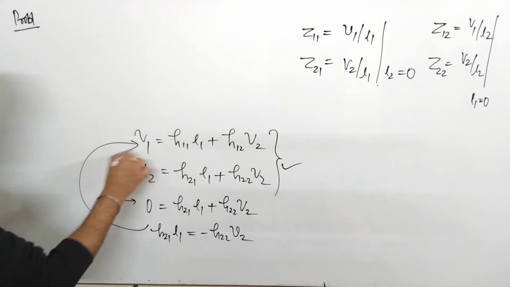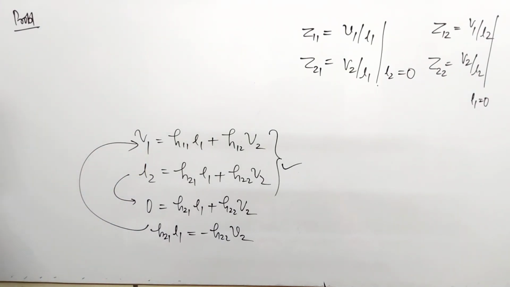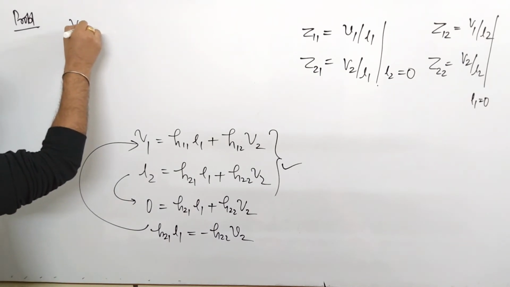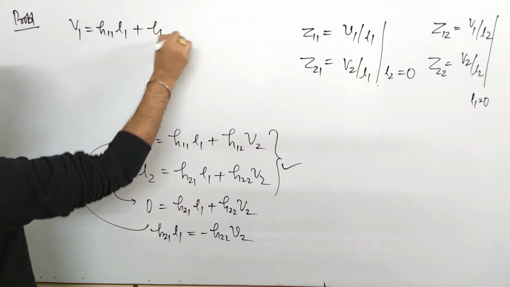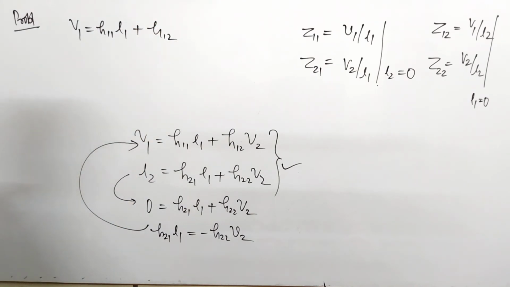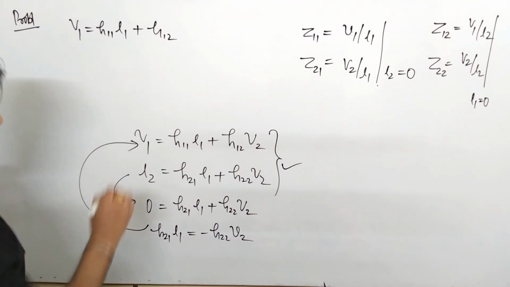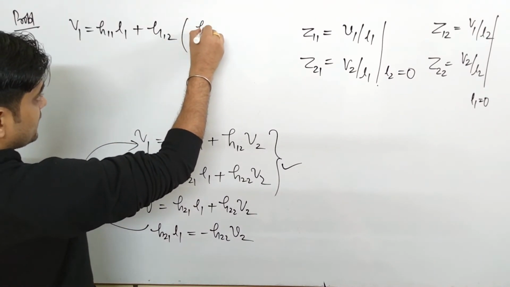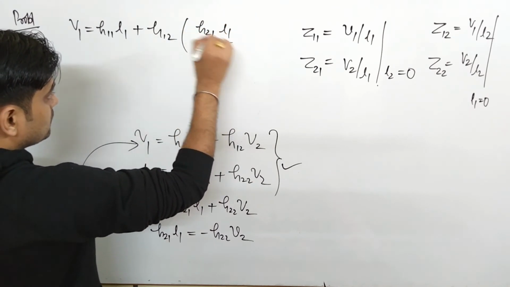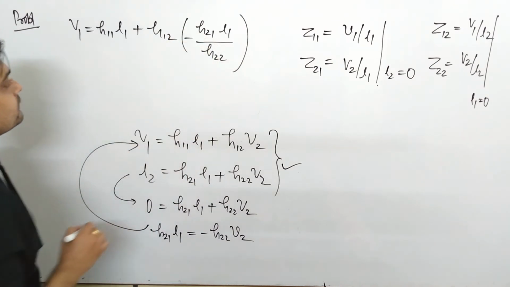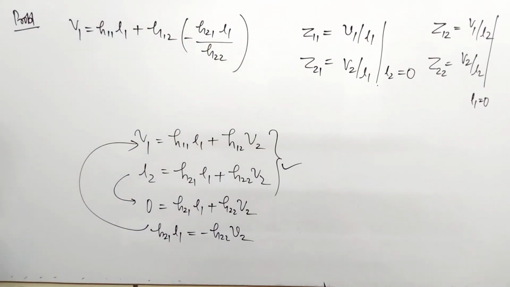Now with the help of this, putting in this equation, you have to identify the relations. So v1 is equal to h11 I1 plus h12 v2. You have to replace v2 because you have to find the relation between v1 and I1. The value of v2 comes to be minus h21 upon h22 times I1.